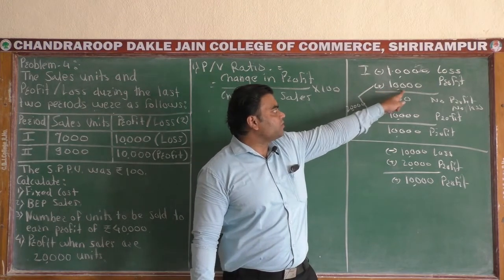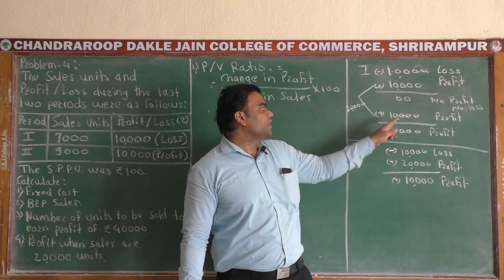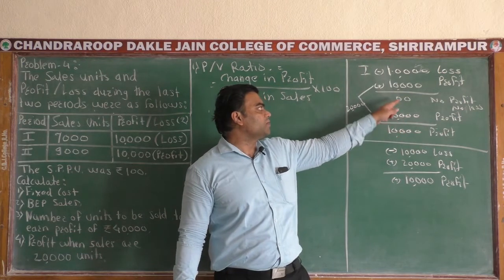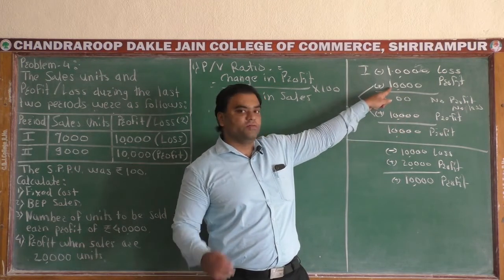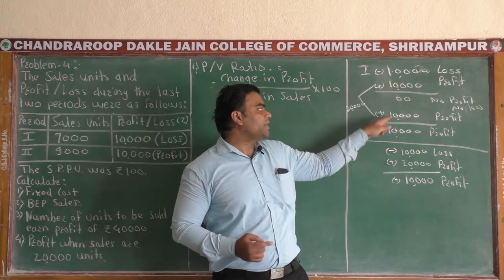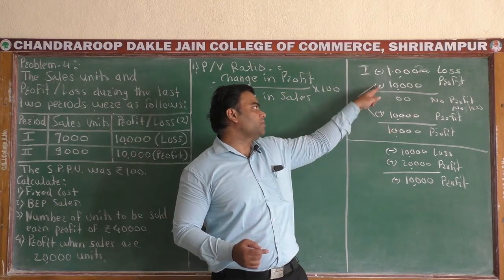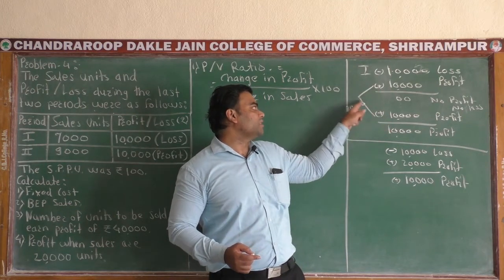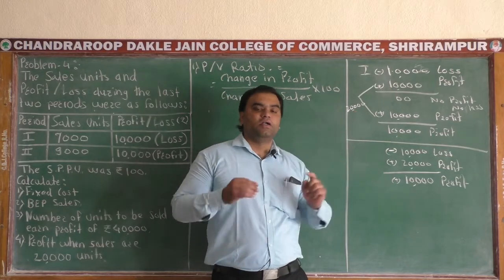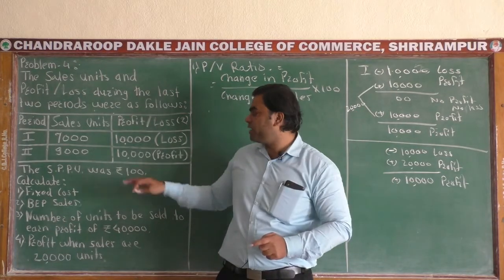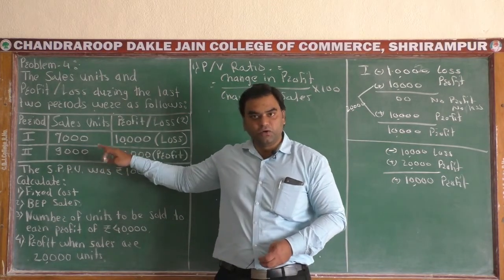10,000 profit which is utilized to recover loss. Then surplus profit rupees 10,000. So 10,000 plus 10,000, total 20,000 profit company has earned in period 2.